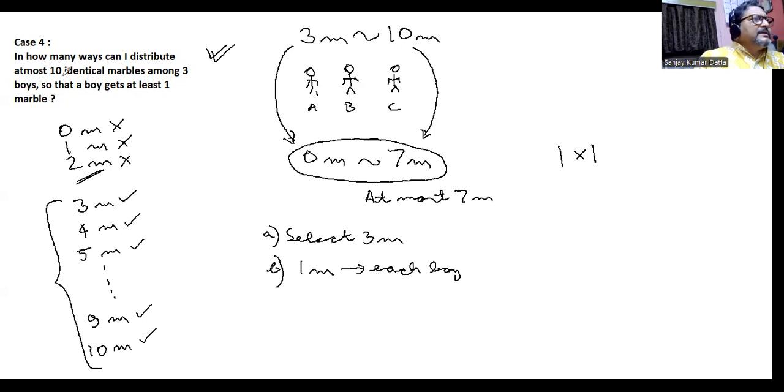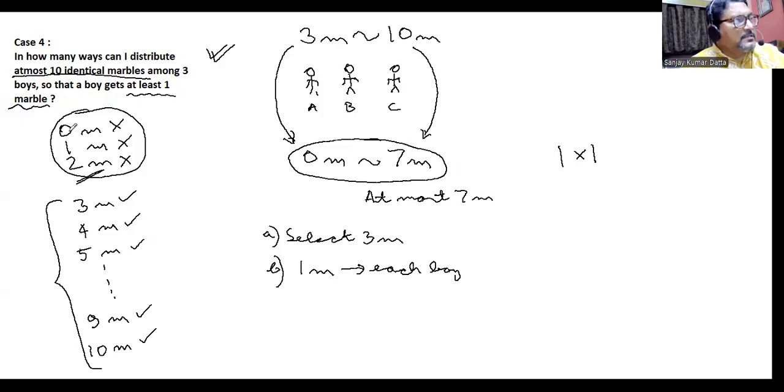Even though here it is said at most 10 marbles, identical marbles, we know that these 3 can't be possible because of this criteria: each boy gets at least 1 marble. So technically, at most 10 marbles was not the actual case, because it started from 3, not from 0. But after you have given 3 each, now it is at most 7 marbles, right?